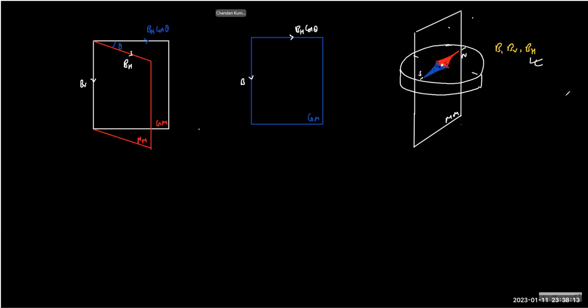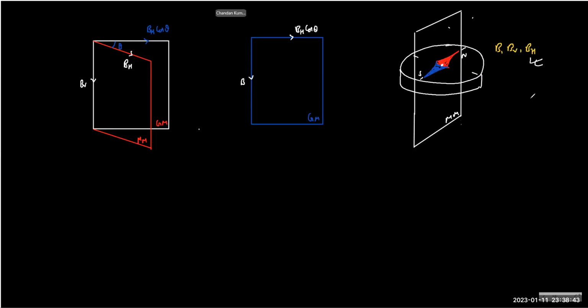So BV cannot do anything, right? Because of the construction, the constraint we have put will not allow BV to do anything. So now BH is the only thing which can act. And once it aligns, you can exactly know the magnetic meridian. Understood? So this is how we find the MM. That's technically how we do it.